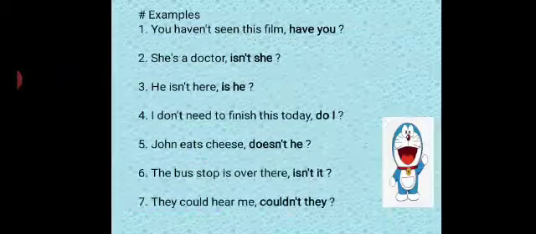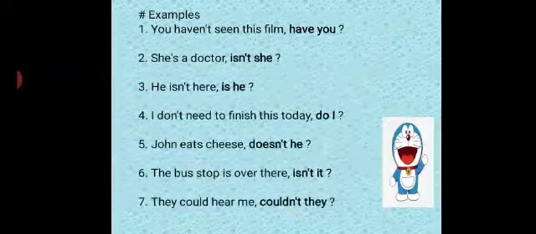Now, here are some examples. Let us see. You haven't seen this film, have you? There is a statement which says you have not seen this film. Now, the tag added is have you. The two things you should remember and understand here are, in the given statement, haven't, have not, means the given statement is a negative statement.